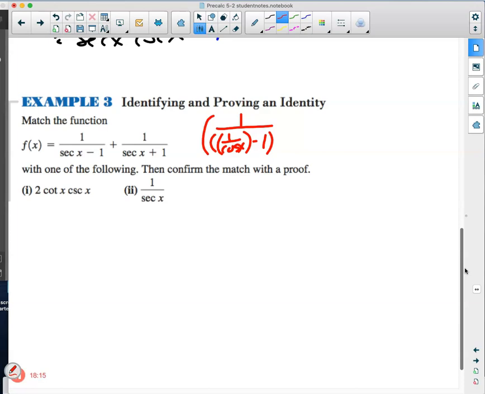One set, 2 sets, boom. One set, 2 sets. There's the 1 over cosine of x.